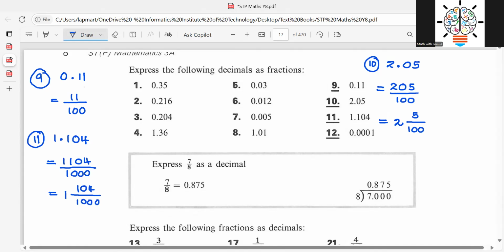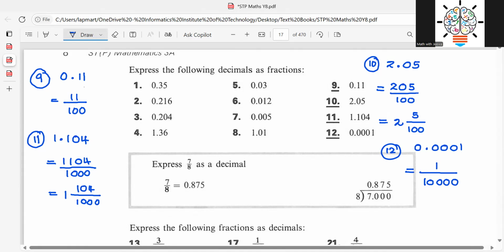By now, I think that you can manage all these things, because if you can remember, we spent around 5 days to discuss all the basic stuff which you were supposed to be aware of. So then the 12th one, you have 4 decimal places, 0.0001, that is 1 over 10,000, right?